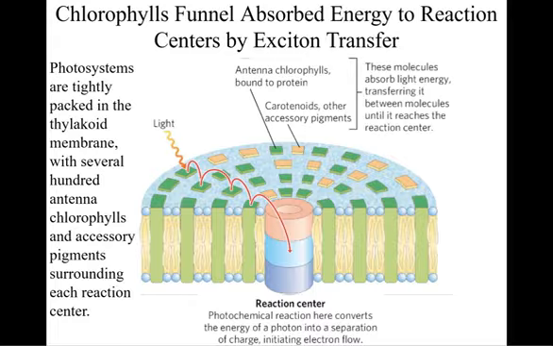And this is the depiction, which is where the confusion usually lies. They think that it's just electrons moving around like this. No, it's not electrons, it's just energy. These little boxes represent the chlorophylls, the ones that absorb all of the energy.